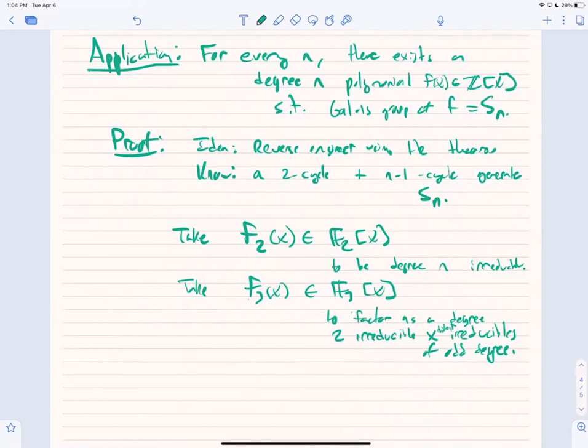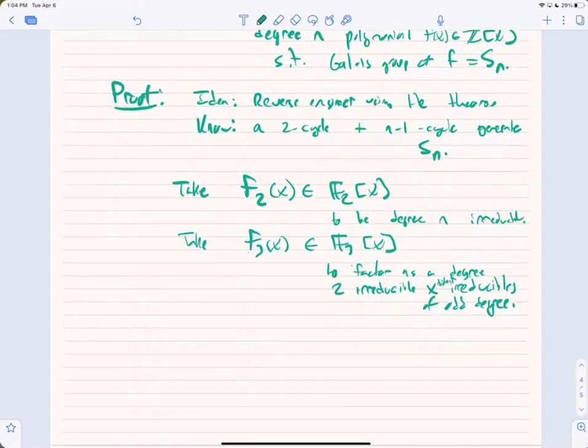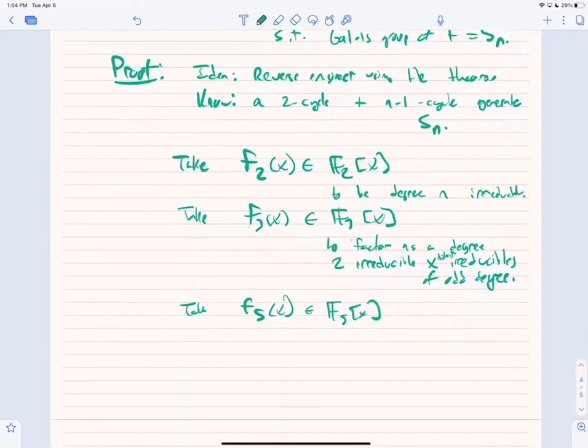So we know these exist. Then take f_5(x) to factor as a degree n-1 irreducible times a linear factor.